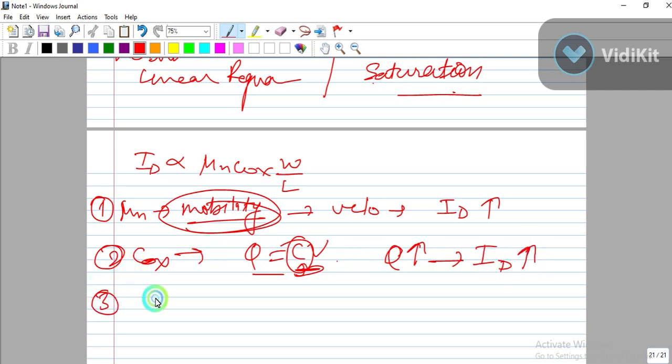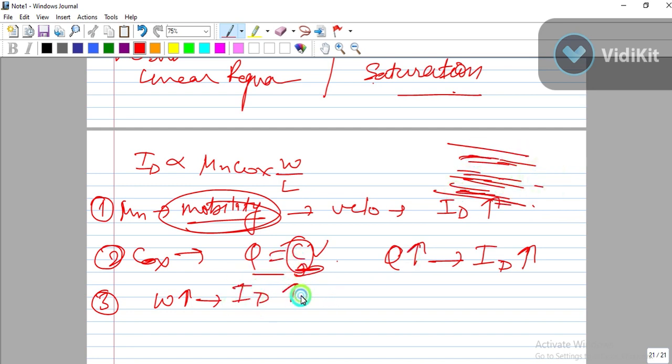Now the third, if W increases, then ID will increase, obviously. Why? Because the charge will increase, and there is a bigger path. The path will increase, so more charge particles can pass easily. So ID will increase.